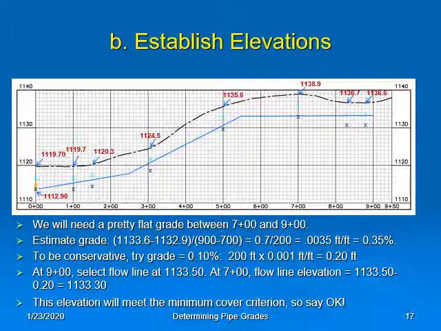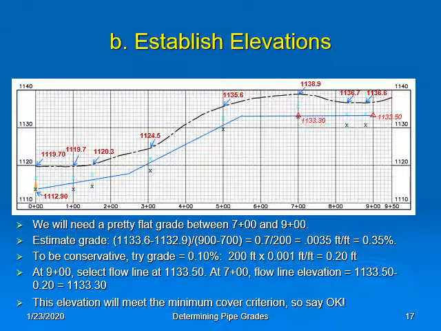I'm going to set the flow line at 1133.50 at station 900. Then at 700, the flow line elevation is 1133.5 minus our 0.20 elevation difference, giving us a value of 1133.30.